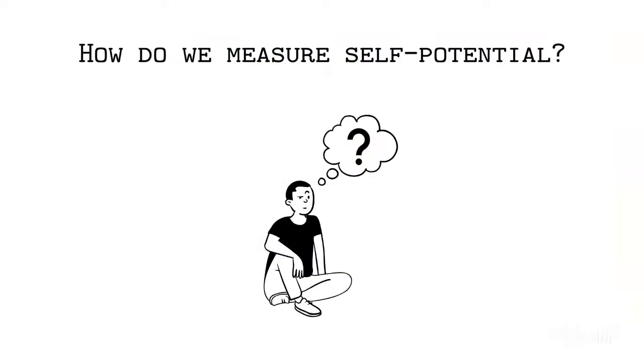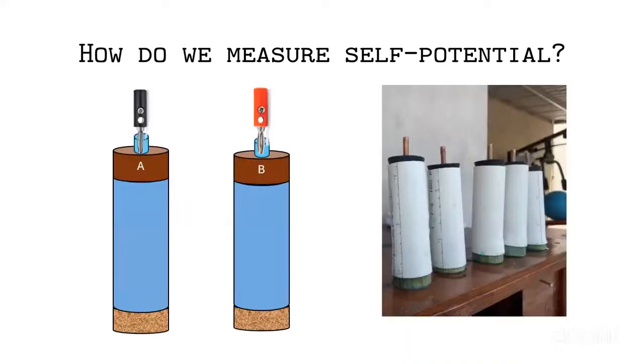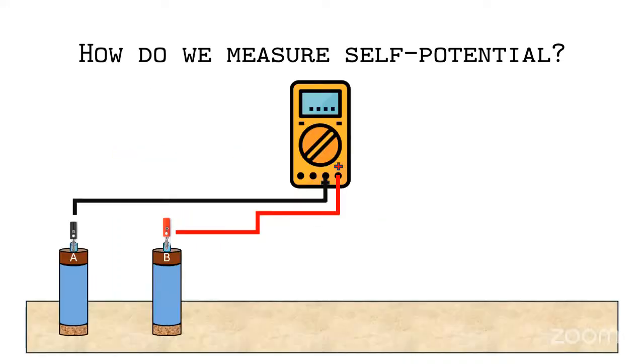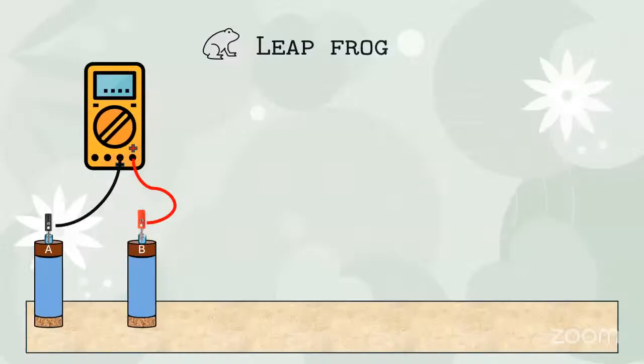Now that we know the sources of potential, it is necessary to know how to measure it. The most basic elements are a multimeter and two non-polarizable electrodes. There are three main types of self-potential array. First, the leapfrog.